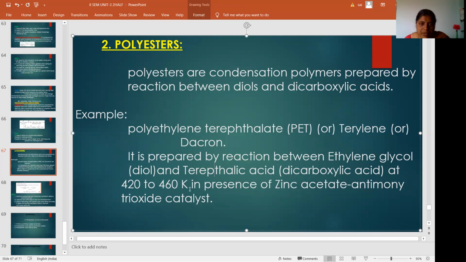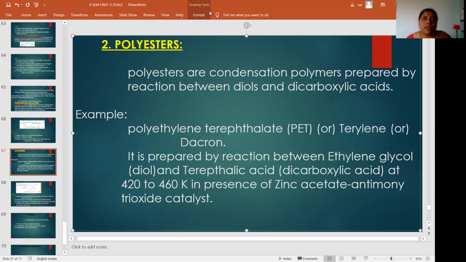This is the temperature maintained, and this is the catalyst name. In the presence of this catalyst at this temperature range, ethylene glycol and terephthalic acid are reacted.